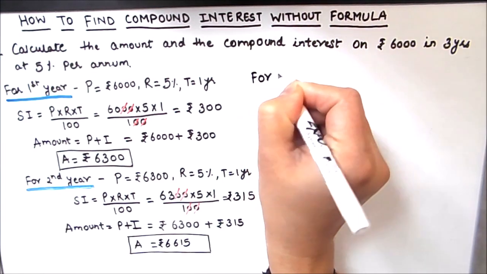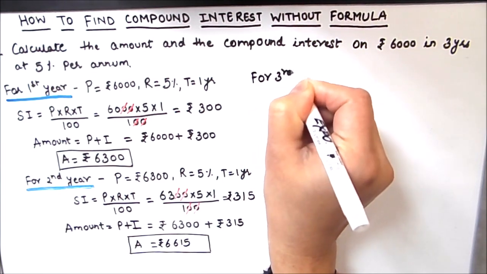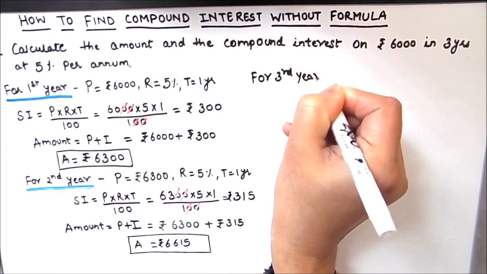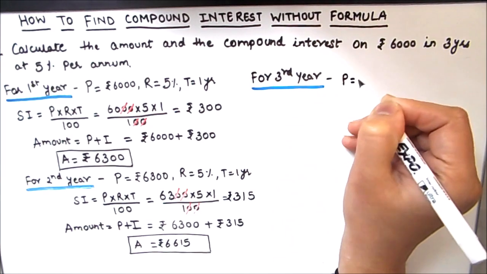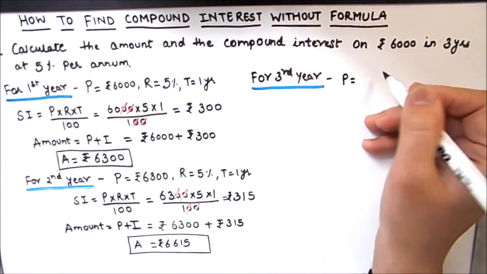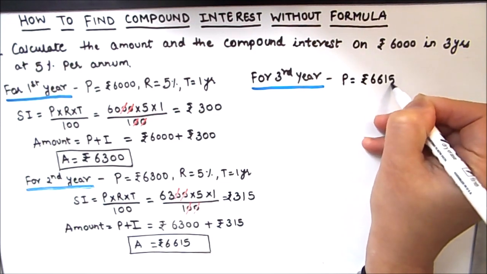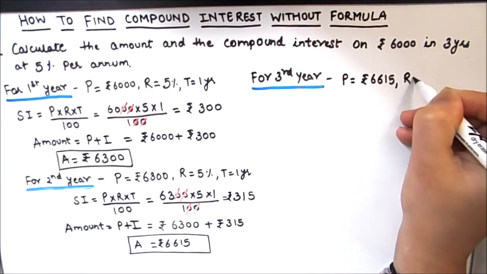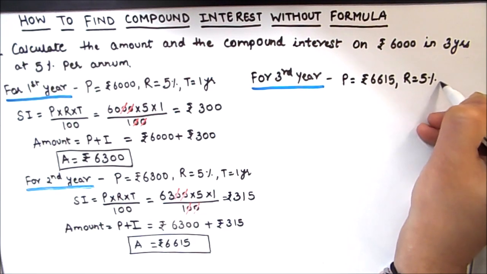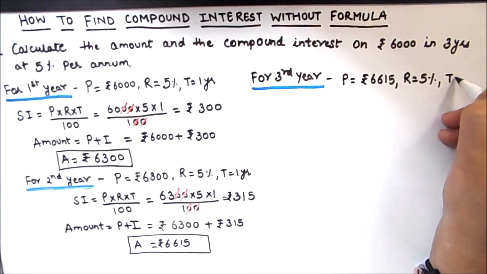Now we are going to find interest for the third year, which is our compound interest. For the third year, principal amount will be rupees 6,615. Rate of interest is the same, 5%, and the time is 1 year for the third year.